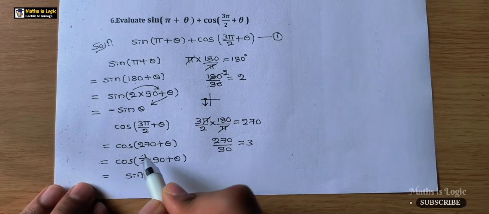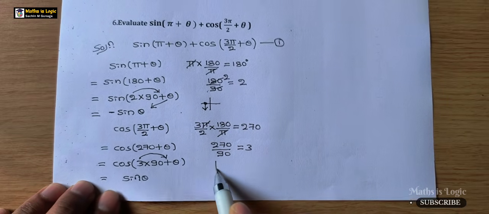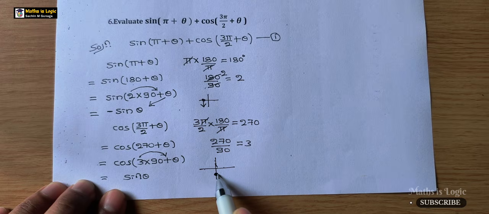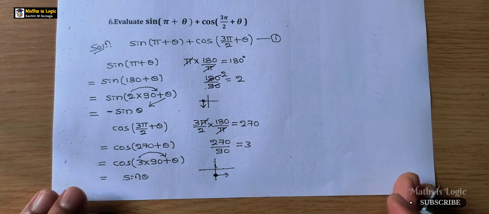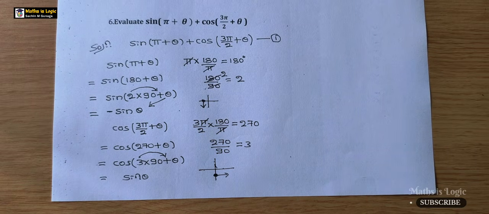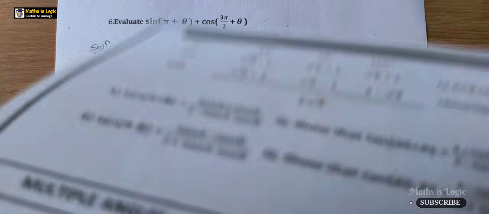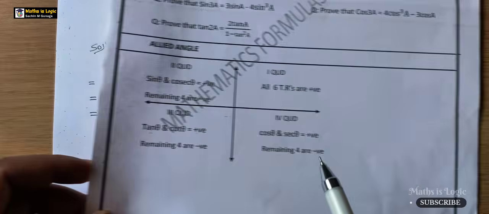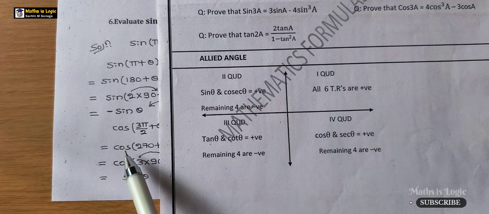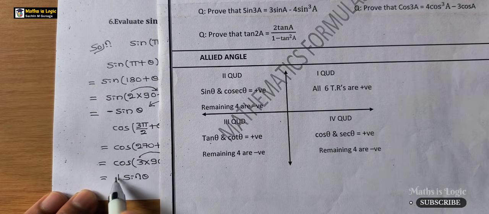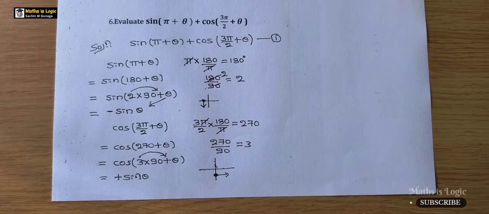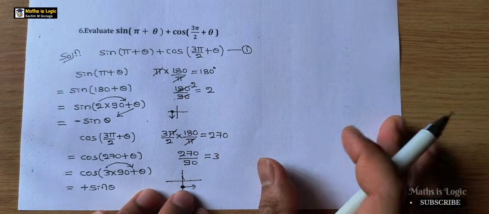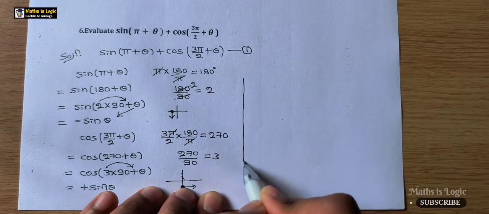Next, rotate 3 plus. So draw plus: 0, 1, 2, 3. Plus means the fourth quadrant. Again we know in the fourth quadrant cos and sec are positive, the remaining 4 are negative. Which trigonometric ratio? Cos. Therefore cos is positive in which quadrant? Fourth quadrant.